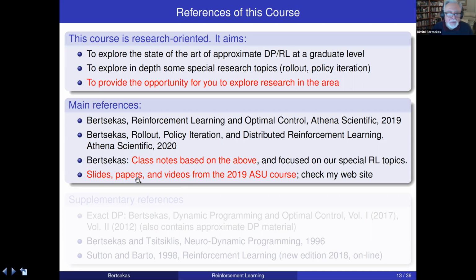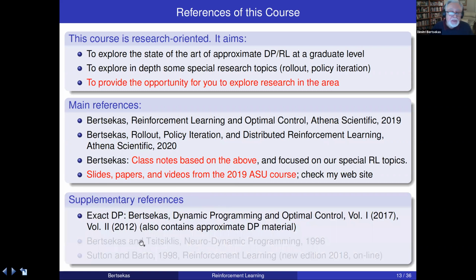There's a lot of material. The textbooks are basically these two. On the other hand, I don't want to stick you with having to buy these textbooks. So these class notes and this material at my website should be perfectly adequate for most of you. If someone needs to explore some more, you're free to look at these books.